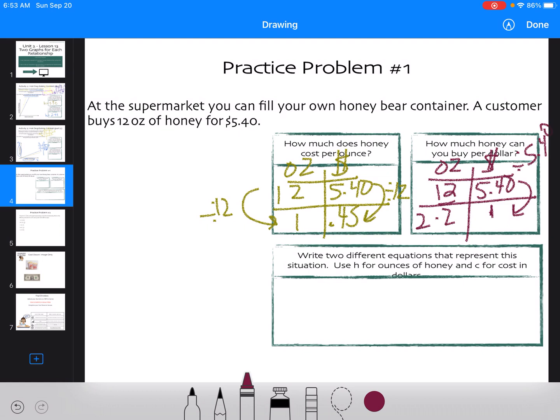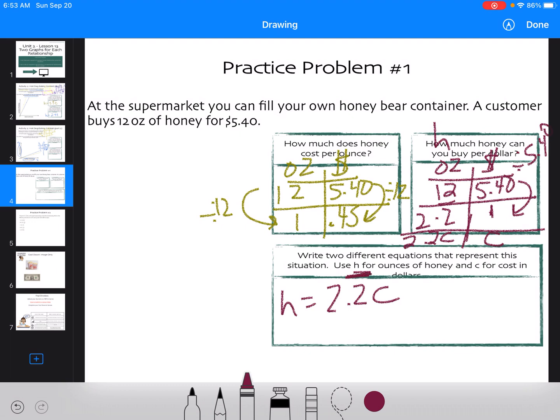So use two different equations to represent this. Use H for honey and C for the cost. So I'm going to just take it one more row, and I'm going to put C here. So 2.2 C would be the amount of honey. So honey is equal to 2.2 repeating times the cost.